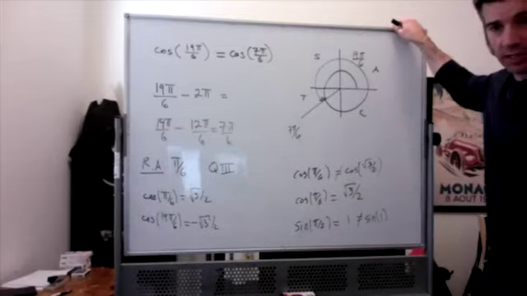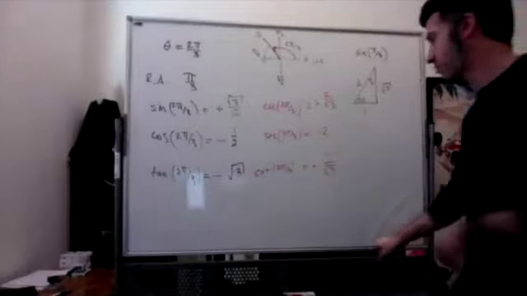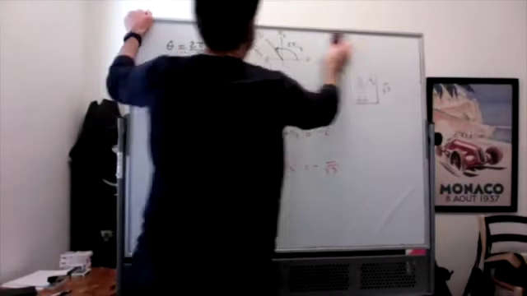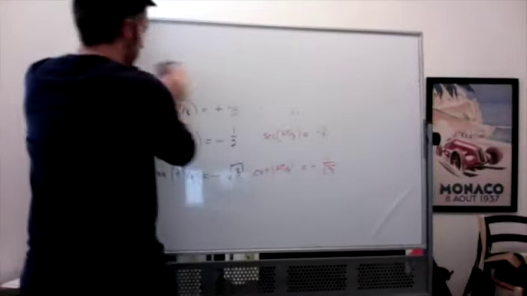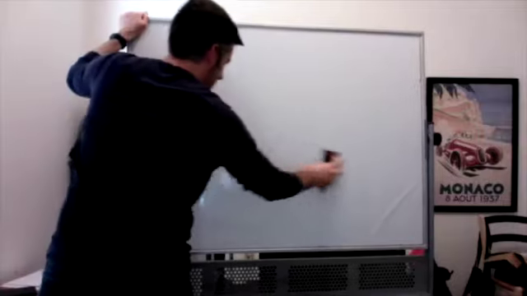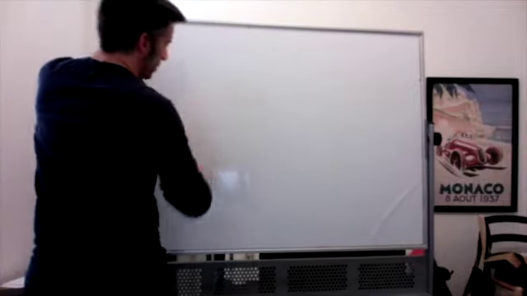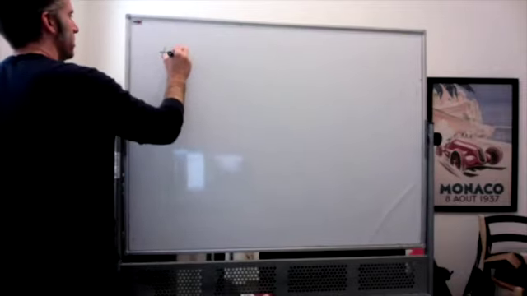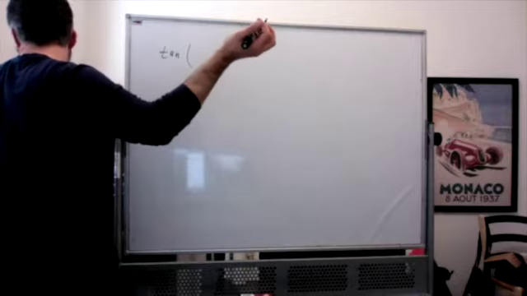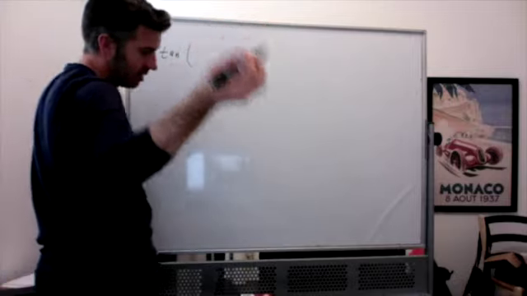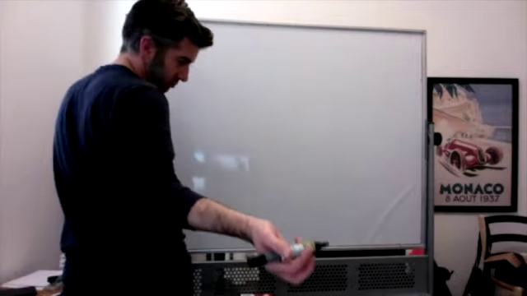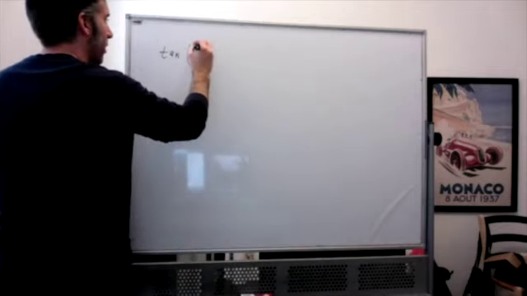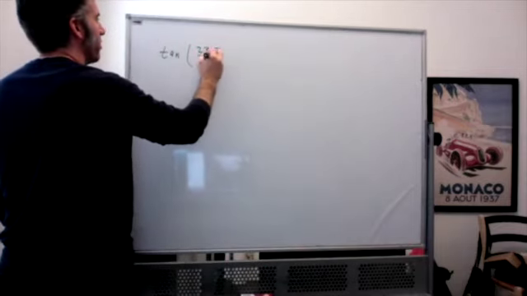Okay, let's look at a few more examples. Let's find tangent of, I'm trying to think of something interesting, 23 pi over 3.